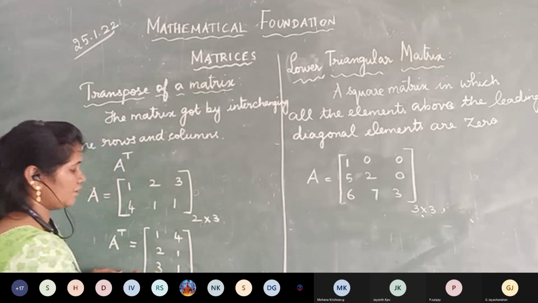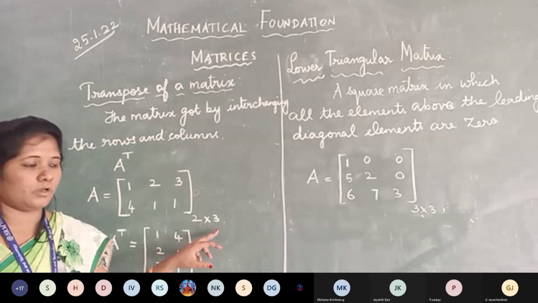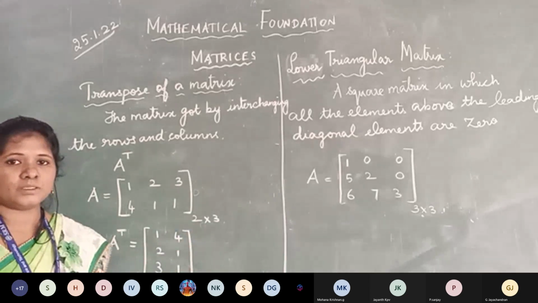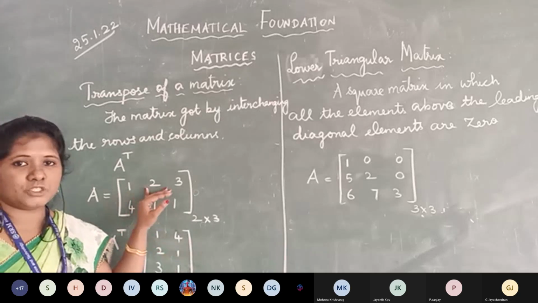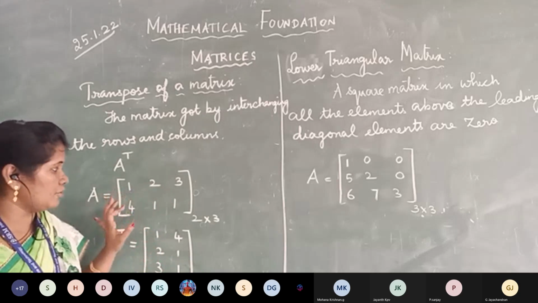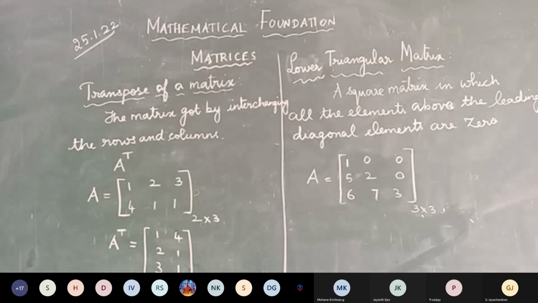So your A transpose will become just the opposite. The order 2 cross 3 will change to 3 cross 2. That is your transpose of a matrix. Transpose of a matrix is nothing but interchanging your rows into columns and your columns into rows.